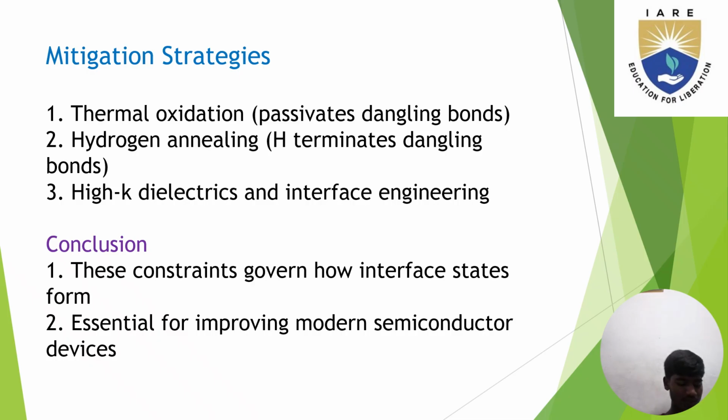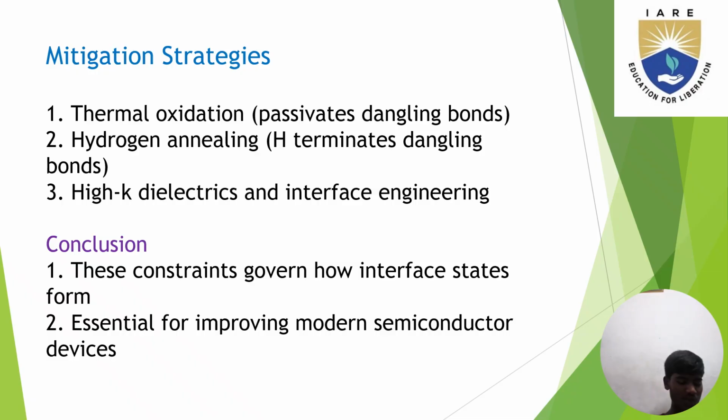Electronic levels. A neutral dangling bond creates a defect state near the middle of the silicon band gap. These are known as Pb centers at the Si and SiO2 interface. The dangling bond has an amphoteric nature.